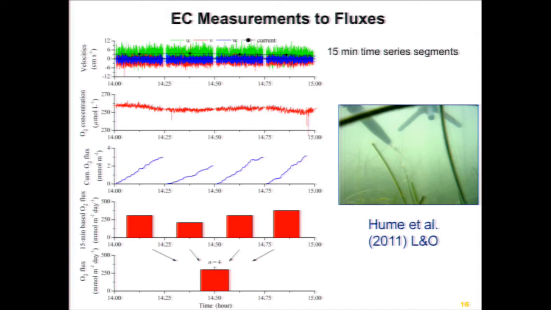You can then look at the cumulative sum of W prime C prime, and basically the slopes of these curves give you a flux. In this case, it's out of the bed, oxygen being a source. And then you can average these into hourly averages or daily averages.